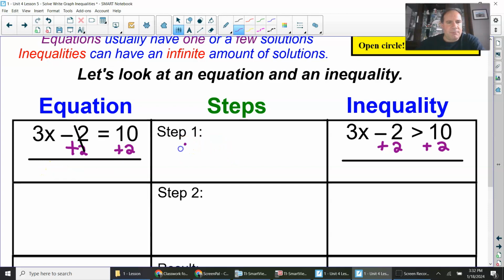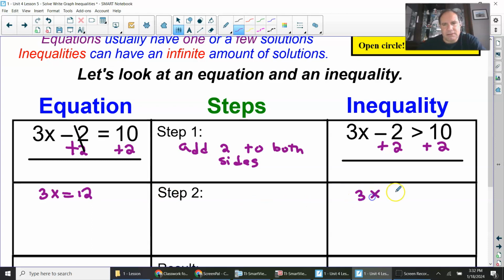Step 1 would be to add 2 to both sides. Then I'm going to rewrite it: 3x equals 12 on the equation side, and 3x is greater than 12 on the inequality side.